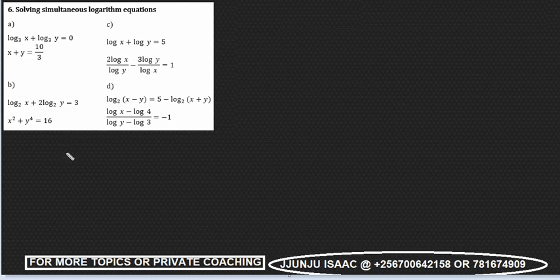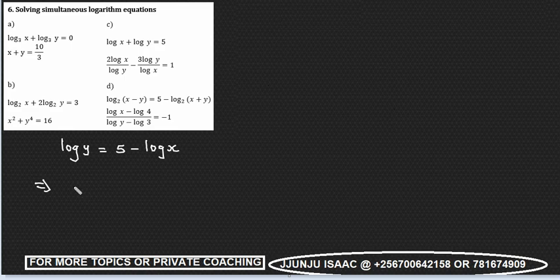So from the first equation, you can see that log y is equal to 5 minus log x. So now since you have log y, we come to the second equation. Where there is log y, we shall put this.